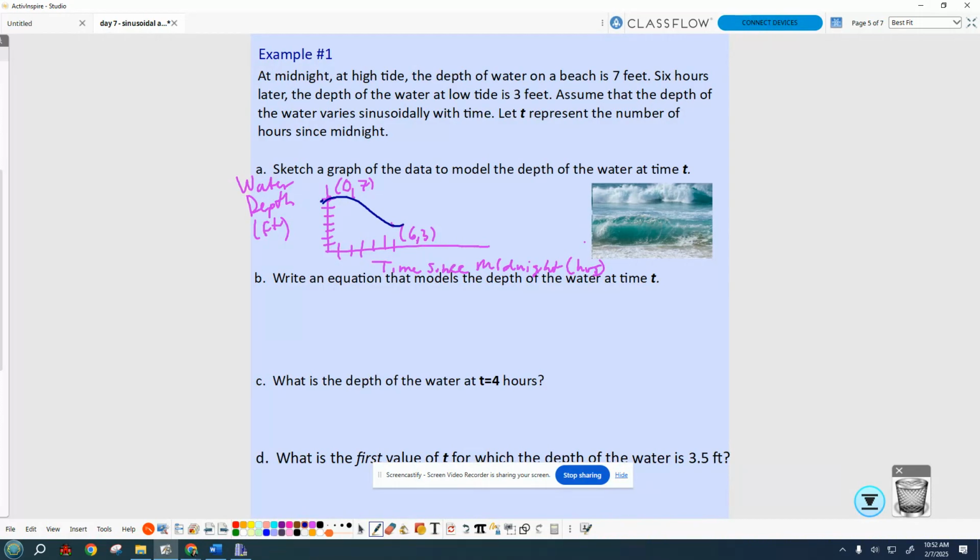I want enough of a sketch so that I can see that you know how to get out the information like amplitude, period, and all of that. So there's a sketch, there's a start.